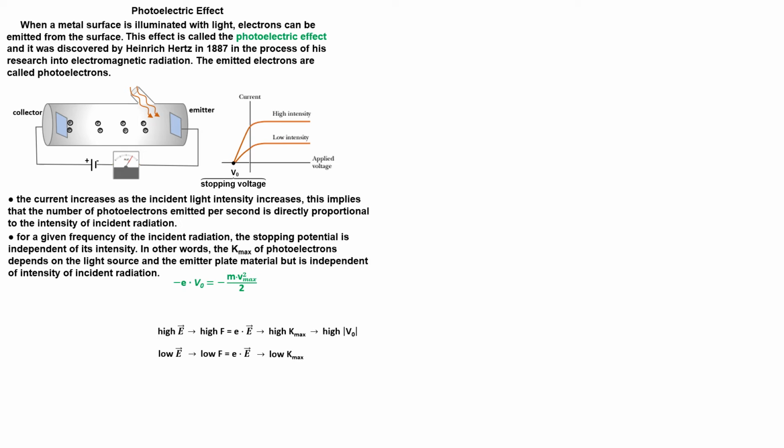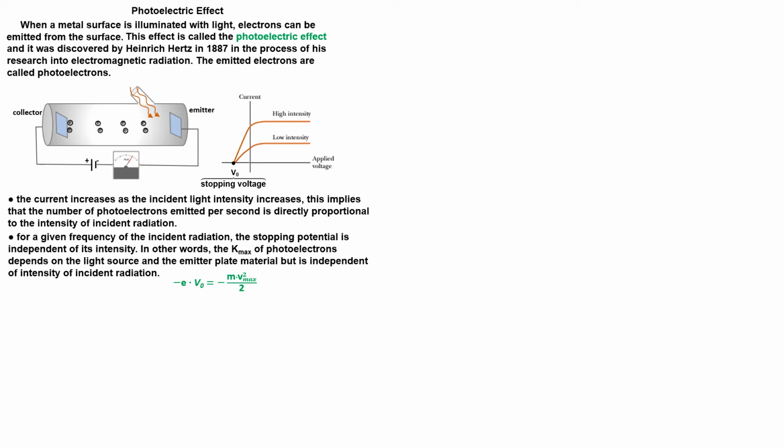Hence, for the same frequency of radiation, the greater the intensity of the radiation, the greater the stopping voltage should be, and the graph according to classical physics is given below. Therefore, classical physics is in disagreement with the experimental result.